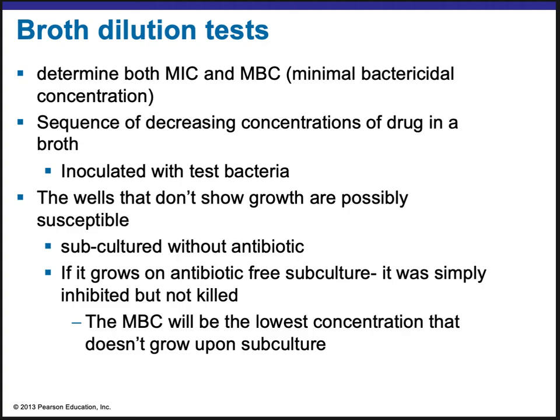The lowest concentration of the drug that inhibits bacterial growth, you would then do a subculture, and the subculture is going to tell you whether you killed the bacteria or you simply inhibited. So if the subculture doesn't grow any bacteria, then you know that you actually killed it. But if the subculture grows, then you know that you only inhibited. So that will differentiate between the MIC and the MBC.